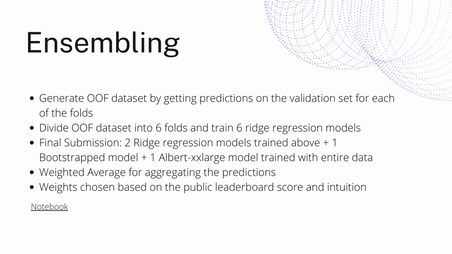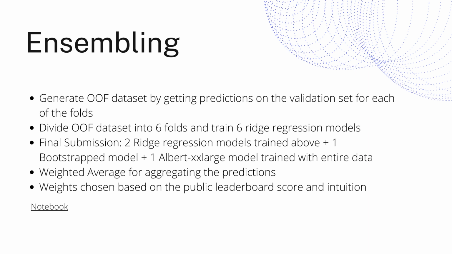Now we divide this out-of-fold dataset into six new folds, and we train six ridge regression models. The final submission consists of two of the ridge regression models trained above, one bootstrapped model that I had mentioned earlier, and one Albert XX large model that was trained on the entire data without evaluation.